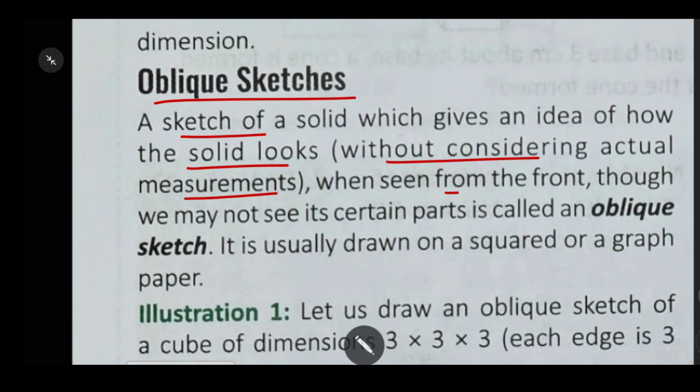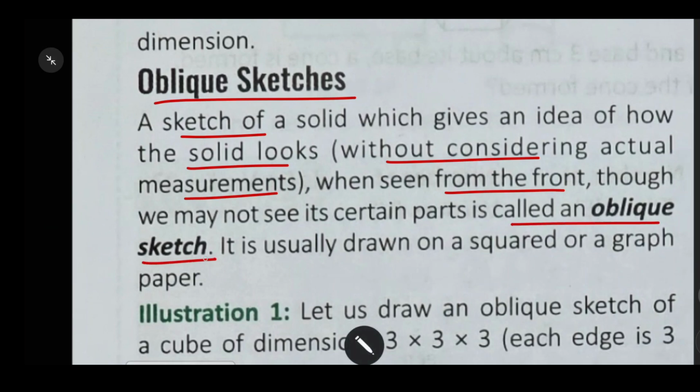When seen from the front, we may not see certain parts. Students, whenever we try to see a 3D object, we are not able to see its whole part. We are able to see only some parts of that object, and this is called an oblique sketch.